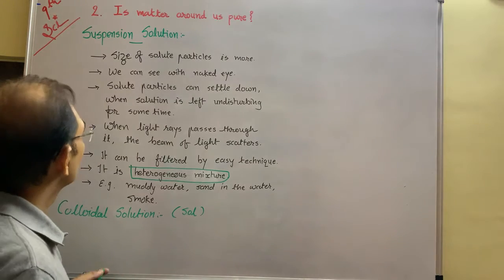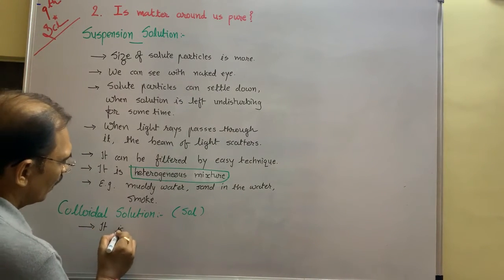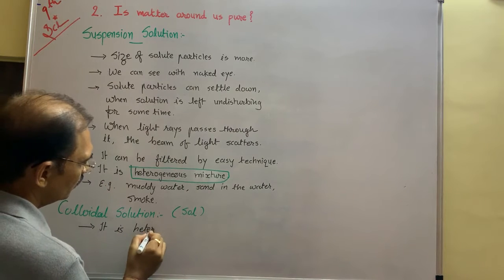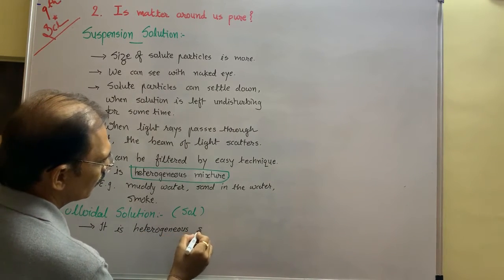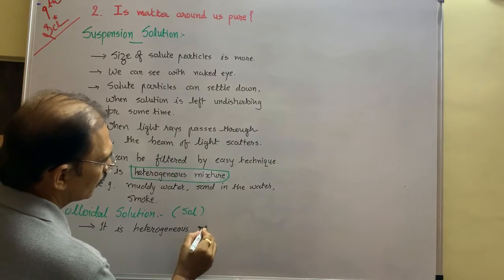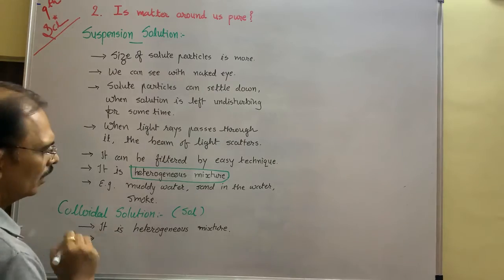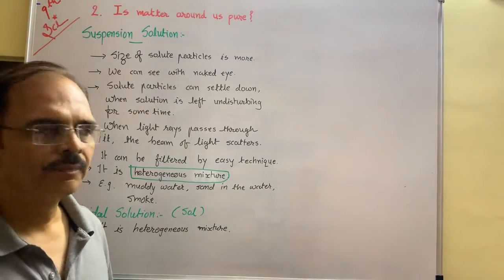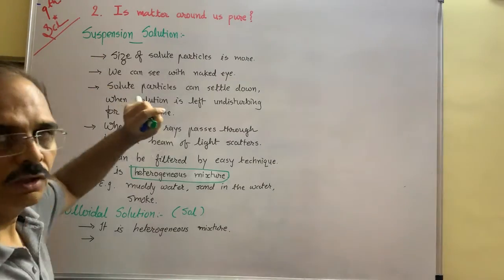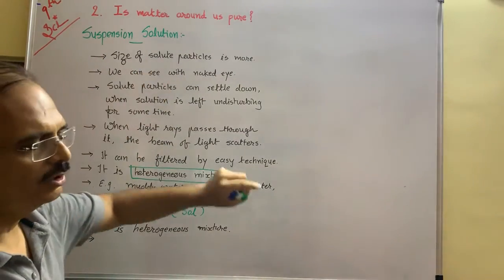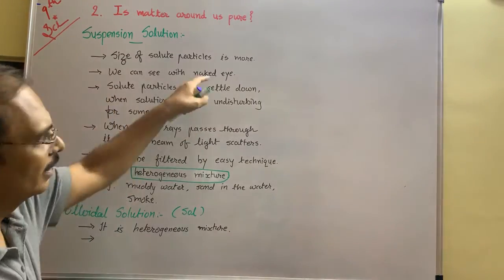For colloidal solution you can say that it is a heterogeneous mixture, right? Now, in suspension solution, we said that the size of the solute particle is more so that we can see it with our naked eye.